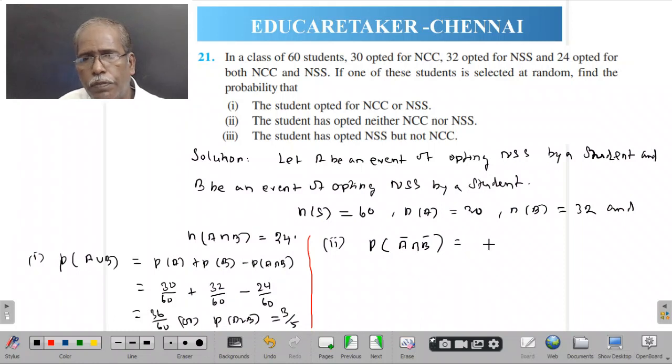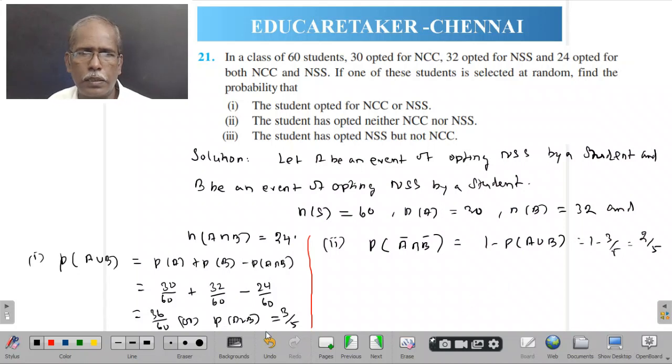From the familiar formula, this is 1 minus P of A union B. And P of A union B is 3 by 5, so 1 minus 3 by 5 is 2 by 5. This is 3 by 5, and this other one is 2 by 5.